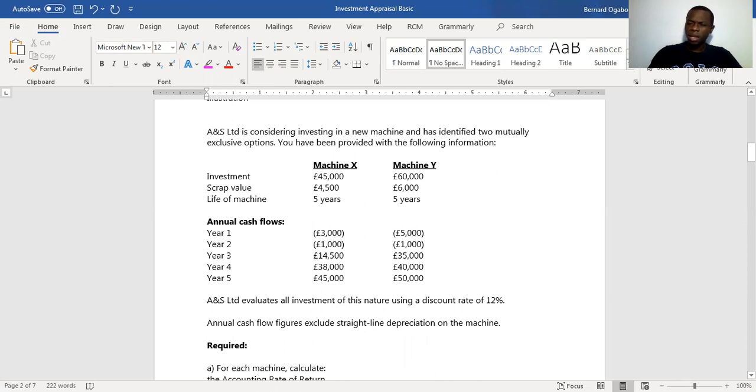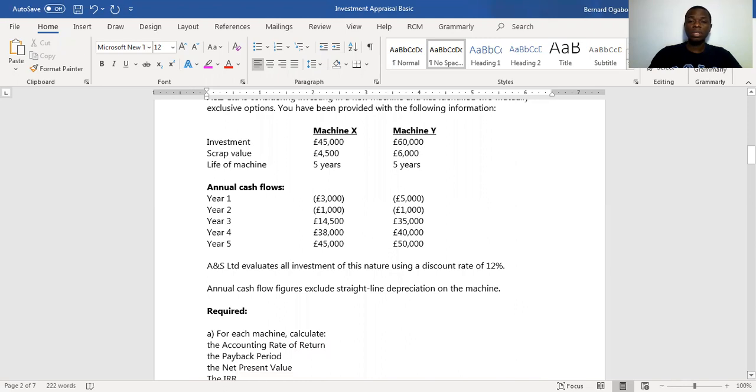Let me just explain something here briefly before we proceed. As you progress, you are going to find videos on cost of capital, which will explain this in detail. But for now, it's worth mentioning that the discount rate chosen by a company is based on two factors. Let's say, for instance, I have money in a fixed deposit account and it returns 6% per annum, and I need to make an investment.